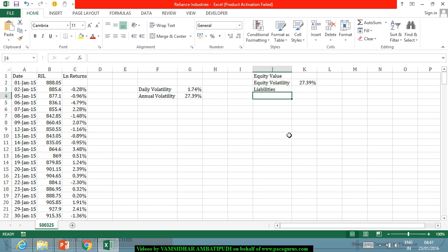Risk-free rate of return, which I take as 7.25%. And we'll find the T minus t, the time period to default, which I take as 1 year. What is the probability of default in the next 1 year?